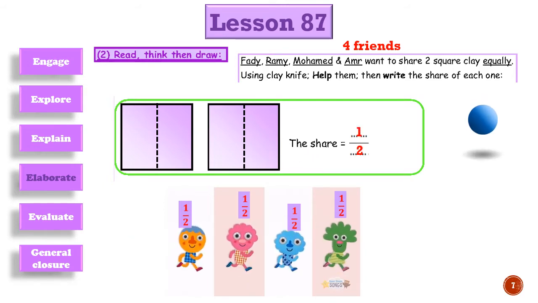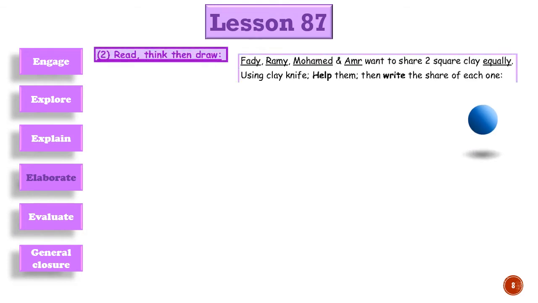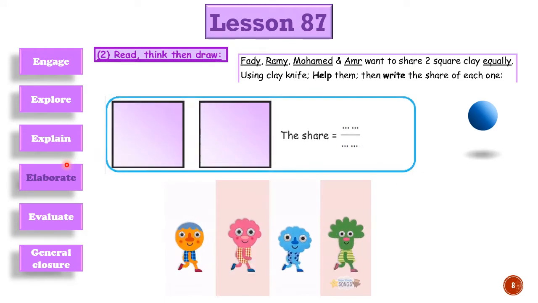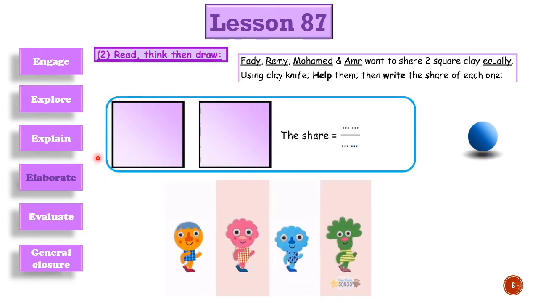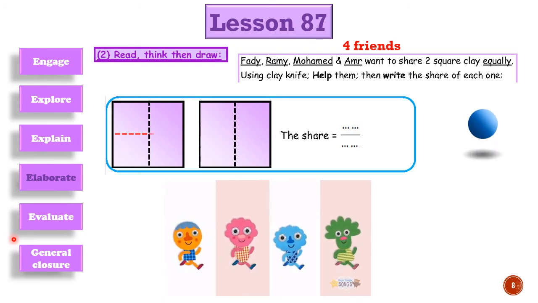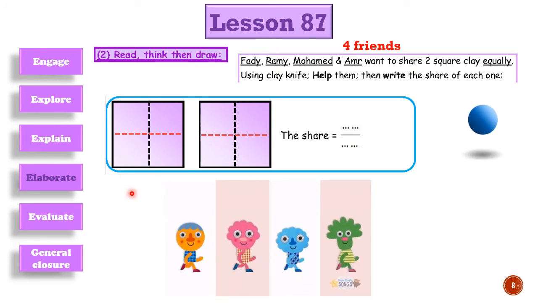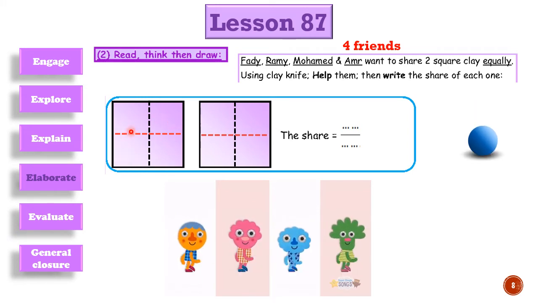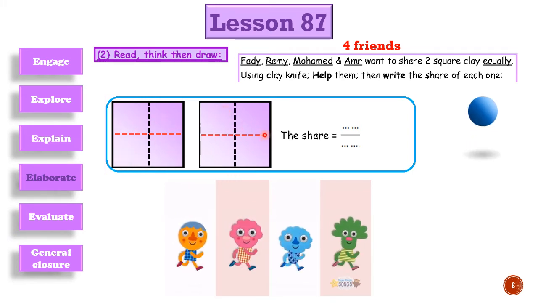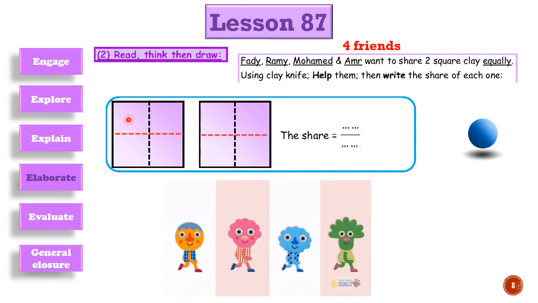Good job. Another one, on the same page, we have to read and think and draw in another way. Okay, if I cut it like this, and one more time like this, how many parts in each square? Here we have 4 parts, and here we have 4 parts. Then this name is called a fourth.